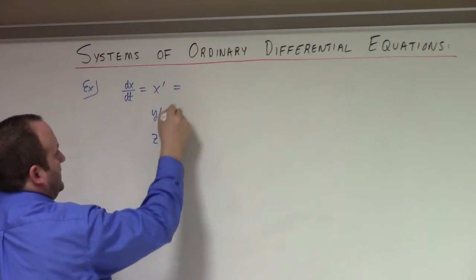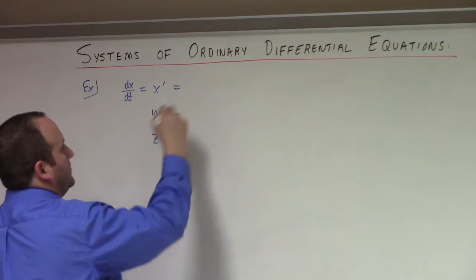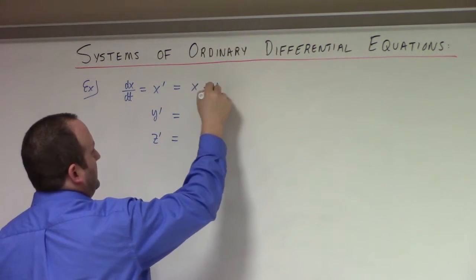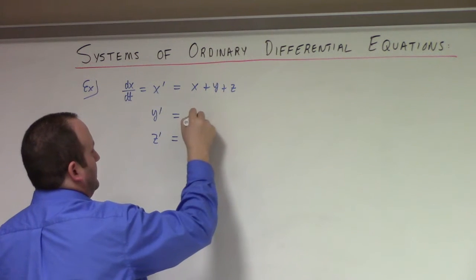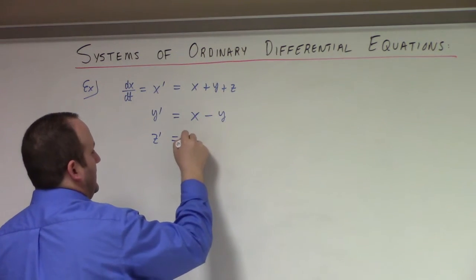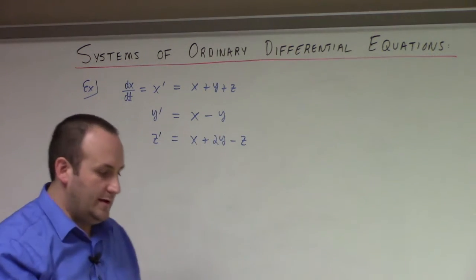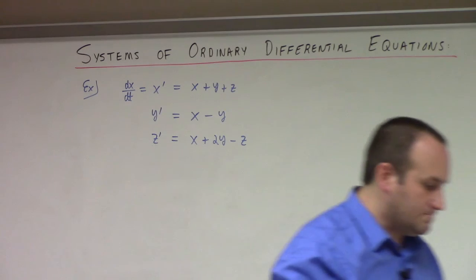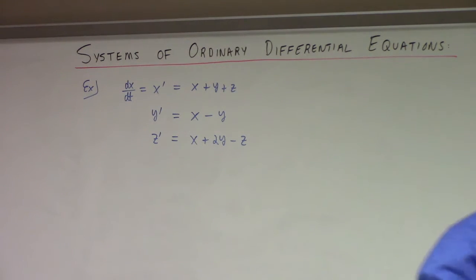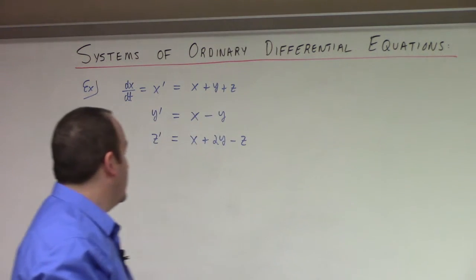And let's suppose that those are equal to, I don't know, x plus y plus z, x minus y, and x plus 2y minus z. This would be a homogeneous system of ordinary differential equations.